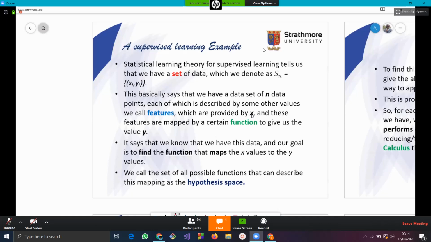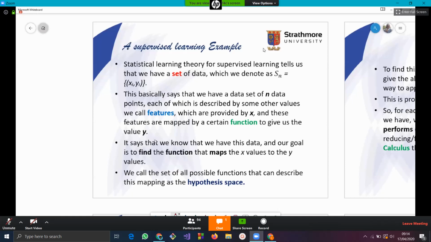The values of the features are provided by x, which we are going to represent as a matrix. Remember us drawing some matrix in neural nets? We are going to use a lot of that. And then these features are mapped by a certain function to give us the output. So these features which have values, there is a function that maps the x to the y's, that maps the input to the output.